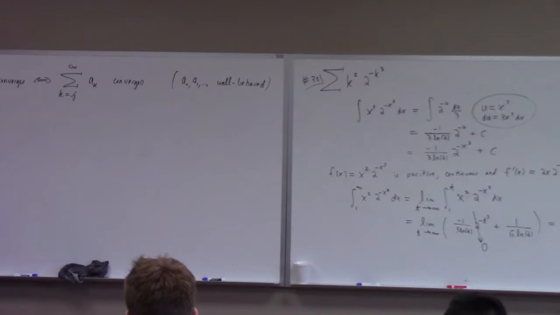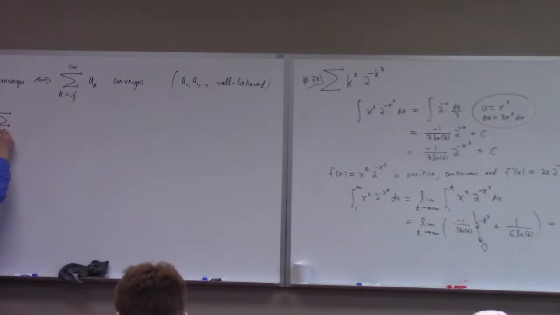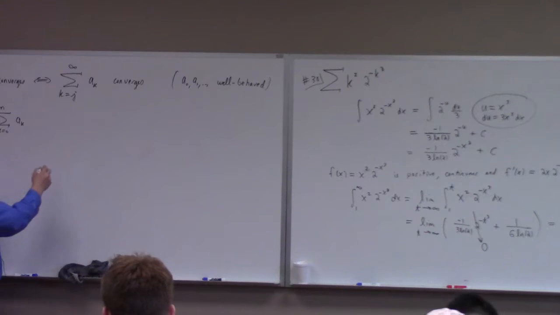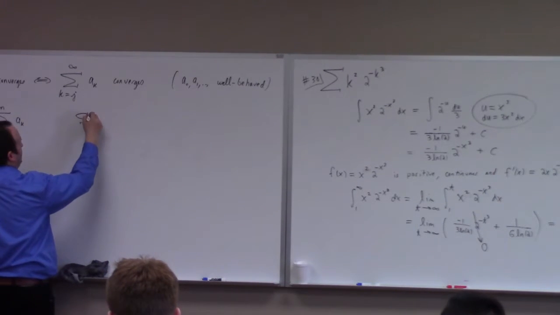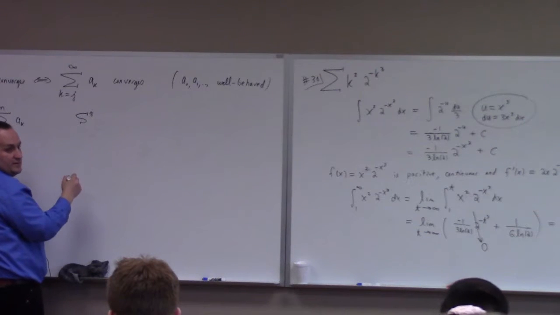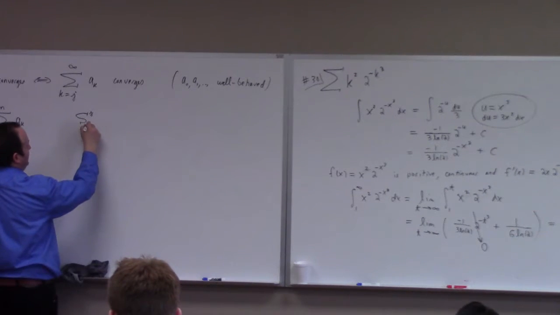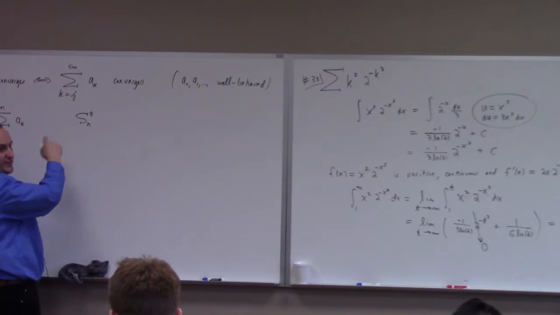What's the relation between their nth partial sums? So the nth partial sum here is what? The sum k equals 0 to n of a sub k. Let's call this S bar, and I'll put a j up here. So what's the nth partial sum of the one that starts at j?